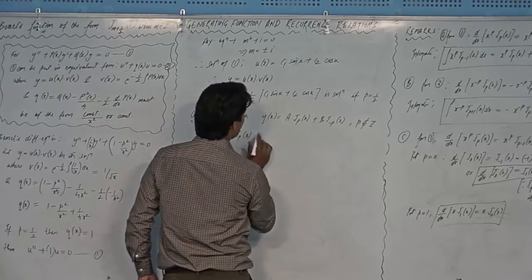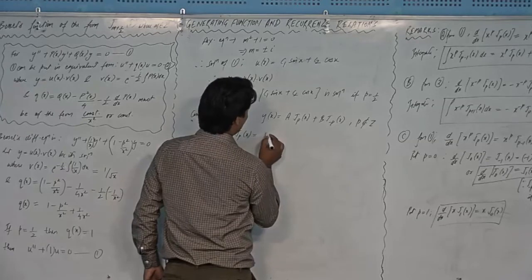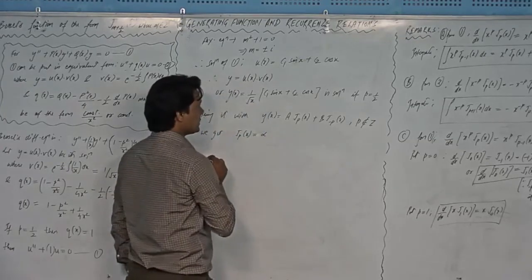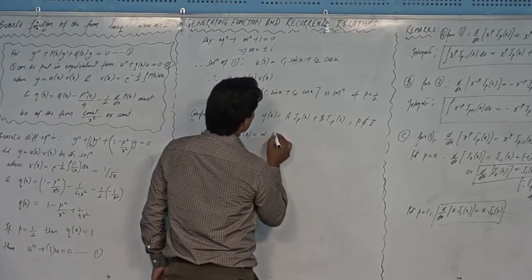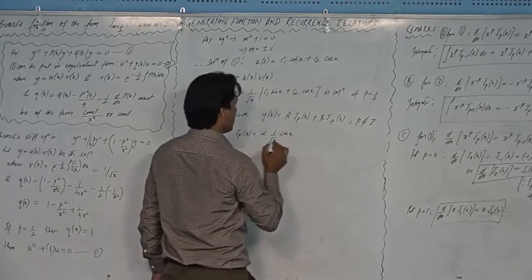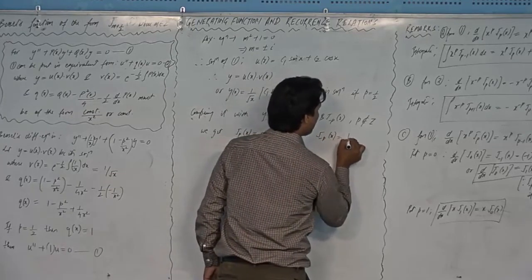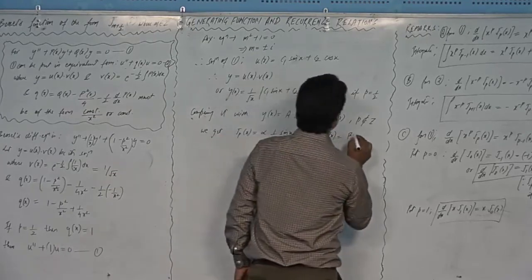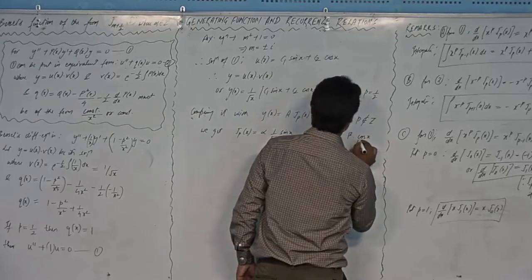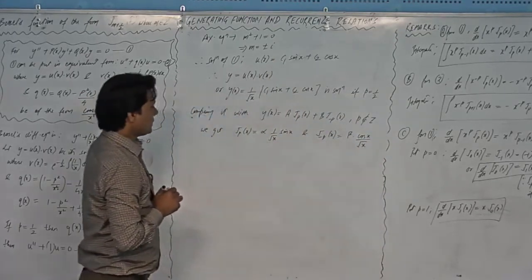Let me write that constant as alpha, right? Alpha is a constant, and 1 over root x sin x. And J_{-p}(x) is equal to beta, my new constant, multiplied with cos x divided by root x, right?